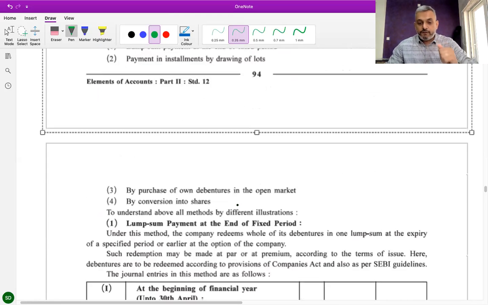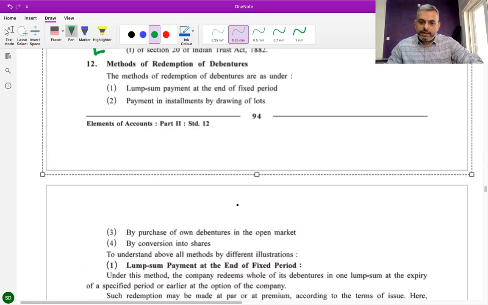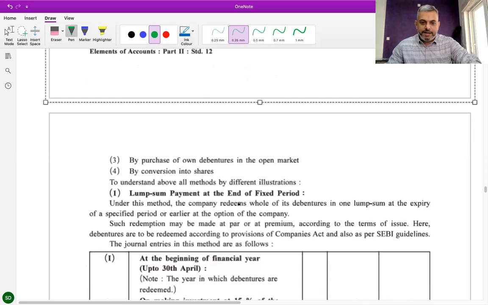Then third, purchase of own debentures in the open market. Now I have surplus funds. I don't want to wait. Instead of investing this fund somewhere else, I am buying my own debentures from the market. Okay, and then I'm canceling those debentures or keeping them as an investment. And fourth, by conversion into shares. So these are the four ways we can redeem the debentures.